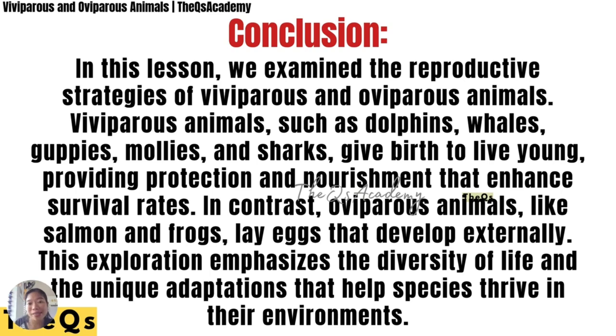In contrast, oviparous animals like salmon and frogs lay eggs that develop externally. So take note that oviparous animals develop externally, but viviparous animals develop inside the mother's womb.